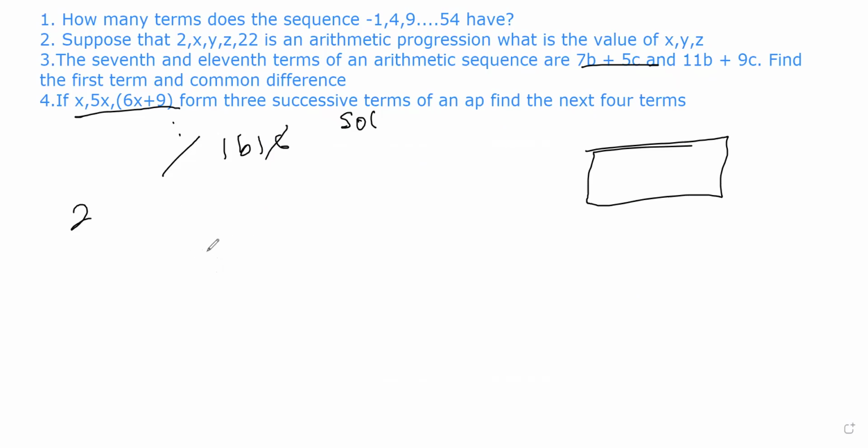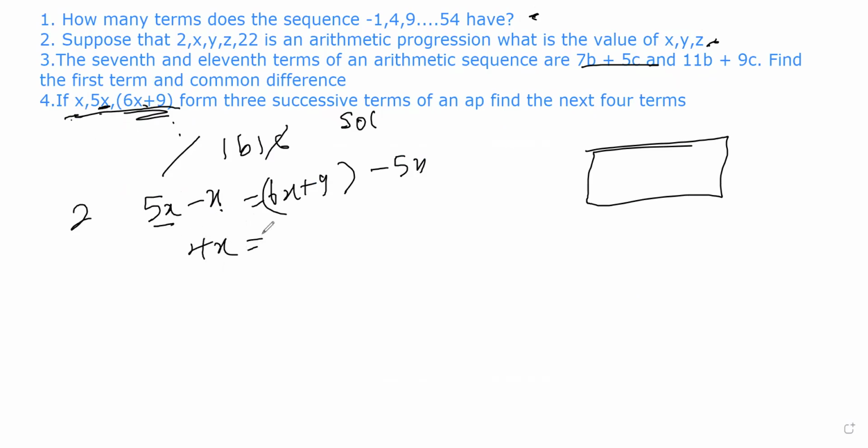First of all, we can do it the way we solved the previous one, or we can choose not to. The common difference is this minus this. So 5x minus x, or 6x plus 9 minus 5x. Either you do this minus this or this minus this. So 5x minus x is 4x, and 6x minus 5x gives us x plus 9.